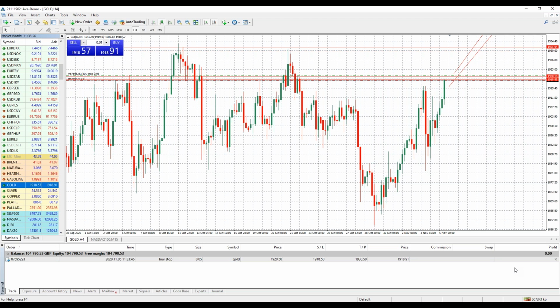So if China's economy is doing really well and the China 50 is rising, so too many times does the Australian dollar. Because then the idea here is Australia will be selling more exports to China if China's doing well, iron ore, coal, etc. And so we tend to see that type of fundamental relationship between different assets many times.